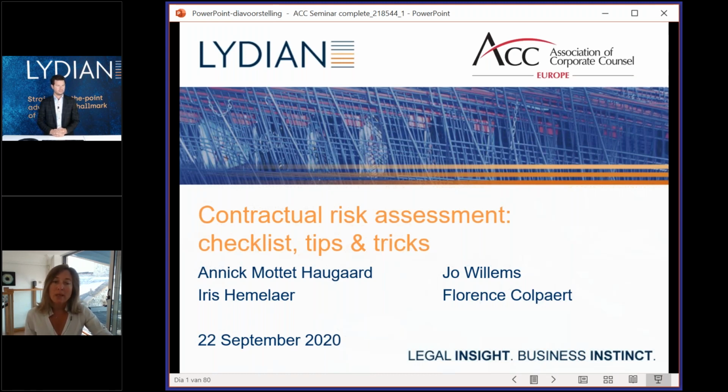Then we will have Jo Willems, counsel at the commercial and litigation practice. We then will have Iris Hemelaar, a counsel in the real estate, environment, and regulatory practice. Finally, last but not least, we will have Florence Colpert, a counsel in the corporate and M&A practice.